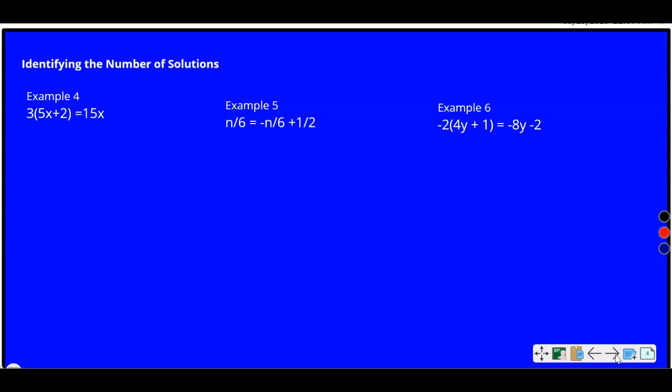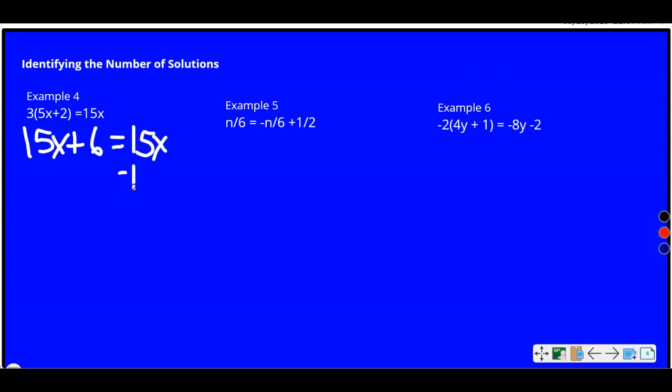All right, identifying the number of solutions. All right, example 4. First thing we're going to do is go ahead and solve the equation. So 3 times 5x is 15x. 3 times 2 is 6 equals 15x.